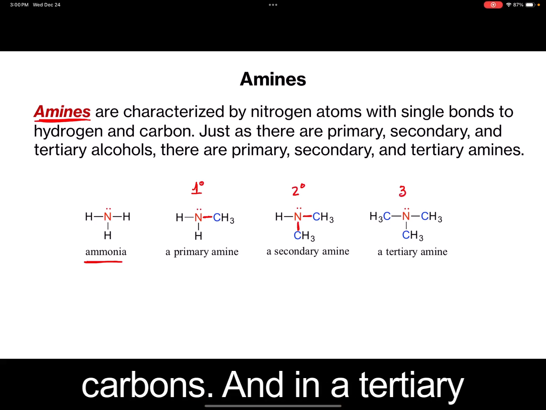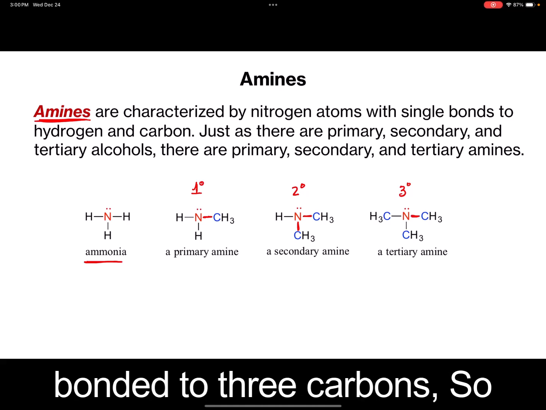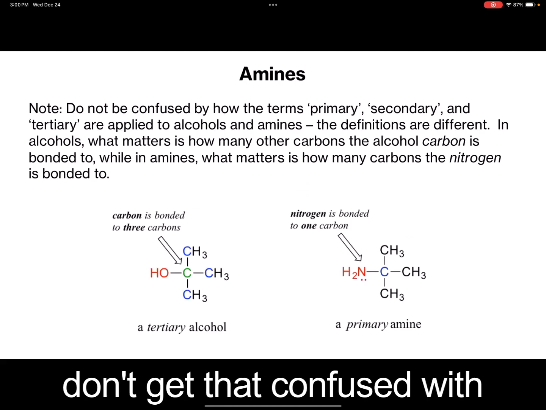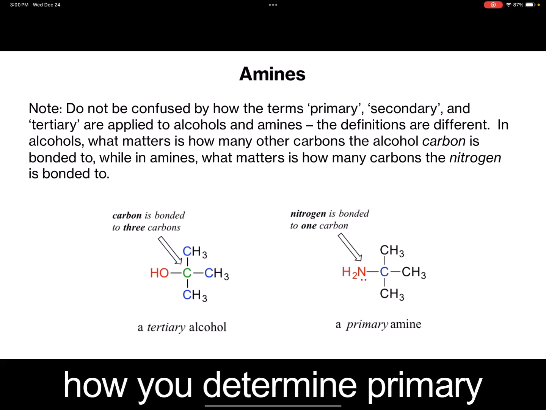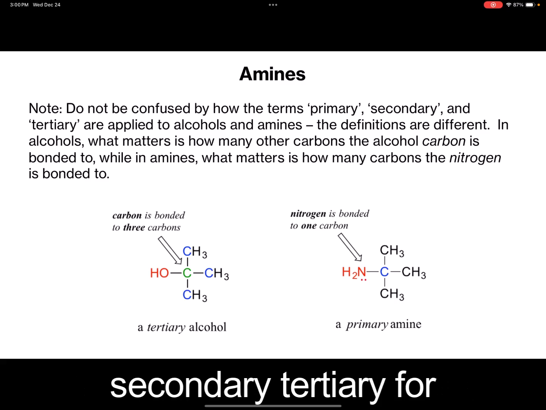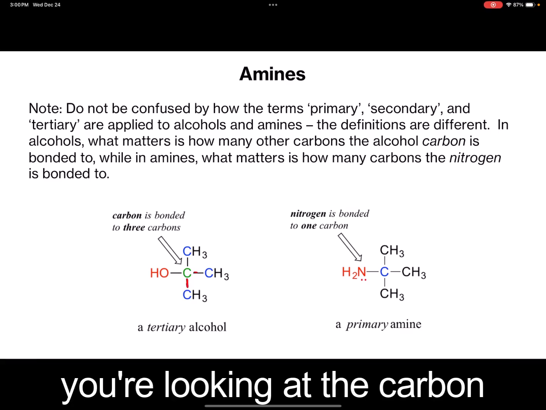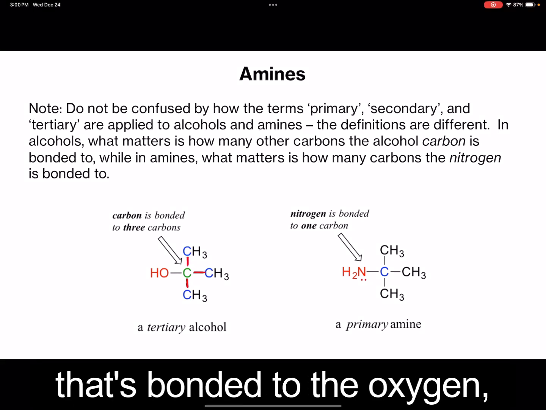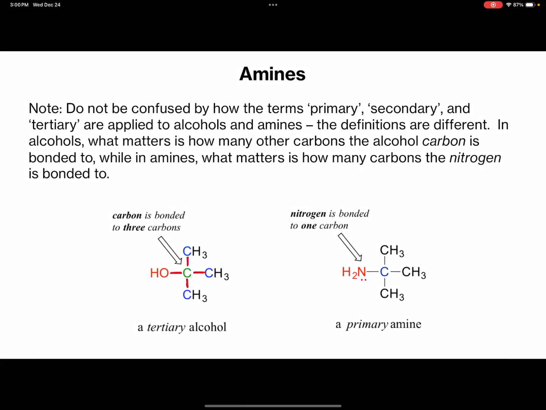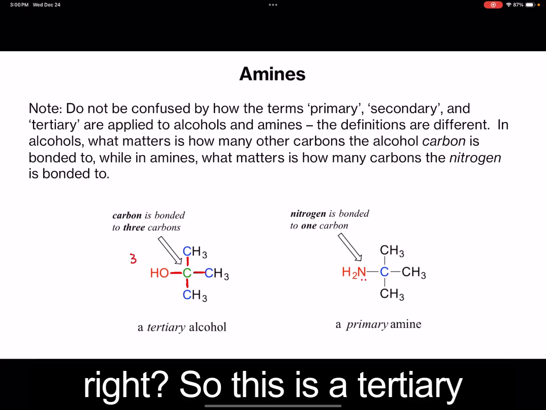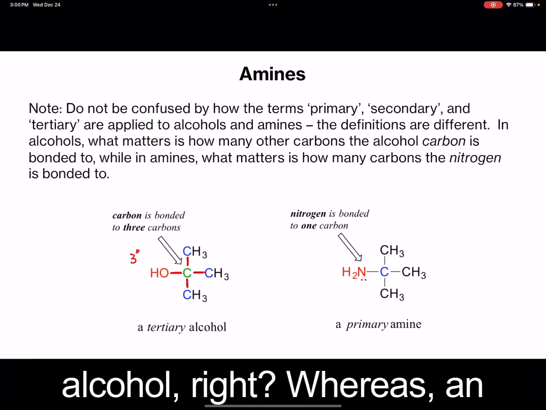And in a tertiary amine, the nitrogen is bonded to three carbons. So don't get that confused with how you determine primary, secondary, and tertiary for alcohols. For the alcohols, you're looking at the carbon that's bonded to the oxygen, right? So this is a tertiary alcohol, right?